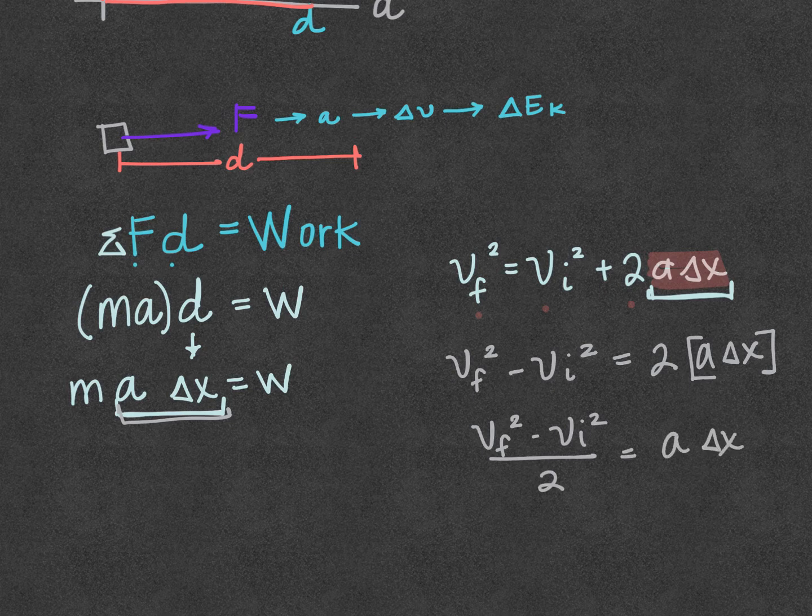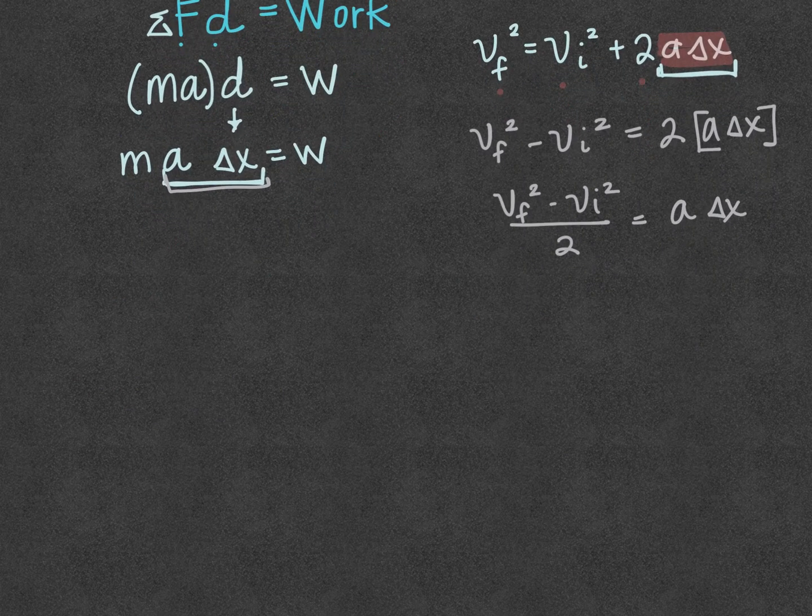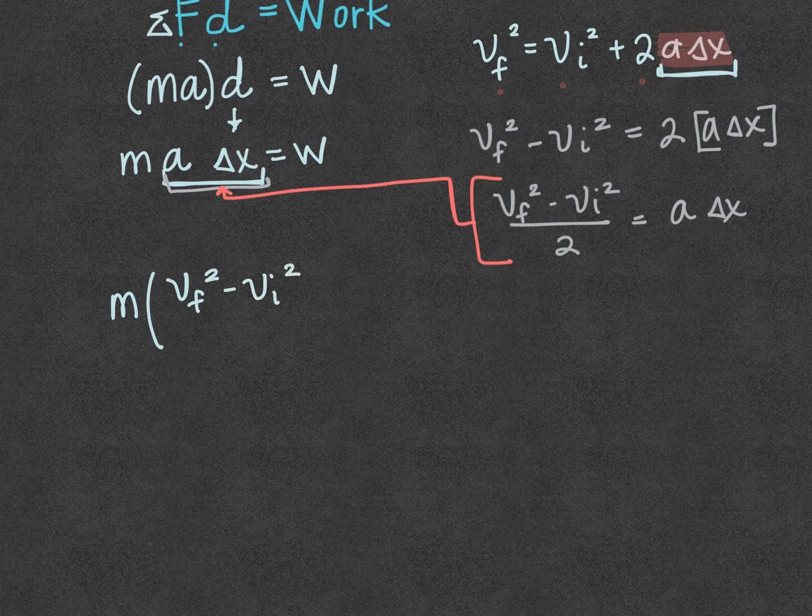So now let's substitute that a delta x expression over here. So we're going to take what we have here and we're going to substitute it in for this a delta x there. When I do that, I'll have m times, I'm going to use a parentheses here, v final squared minus v initial squared over 2, and that'll be equal to the work.